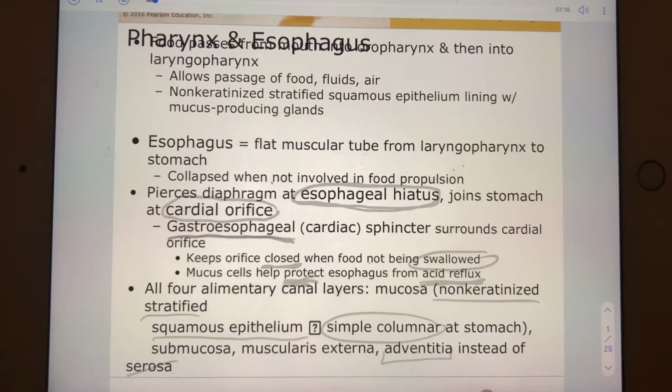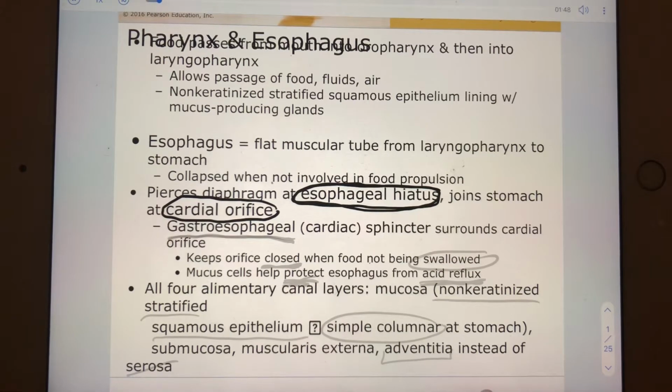The esophagus has to pierce through the diaphragm in order to reach, obviously, from thoracic cavity into abdominal cavity. And that perforation, if you will, in the diaphragm is called the esophageal hiatus. The esophageal hiatus. Whereas the point at which esophagus meets stomach is called the cardial orifice.